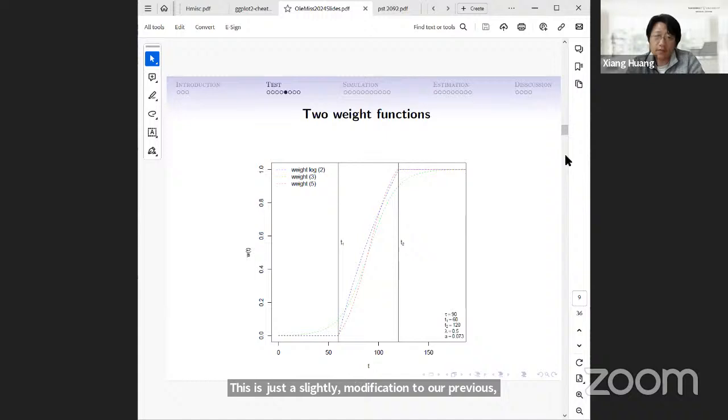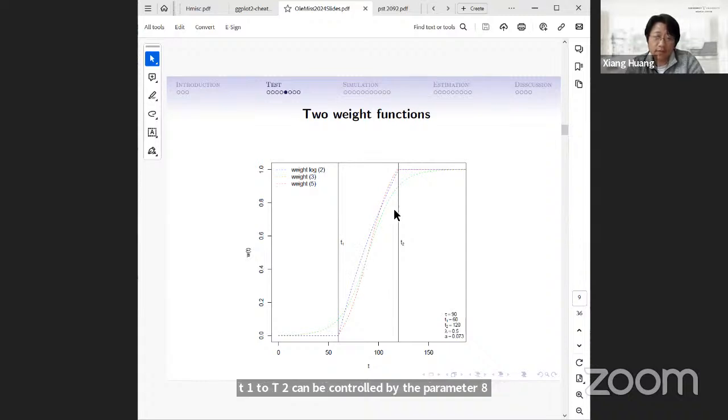So we can see the graph of these two weight functions. The green one is the smooth one, the sigmoid function. You can see there's a very small weight before time t1, and after t2 there's a weight of about 0.99 going to 1. The width from t1 to t2 can be controlled by the parameter a.